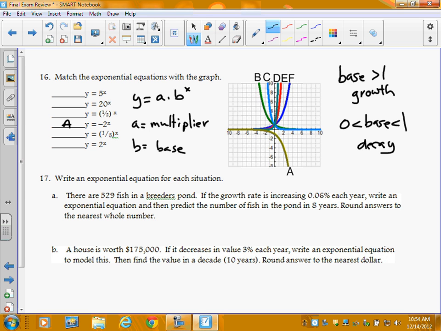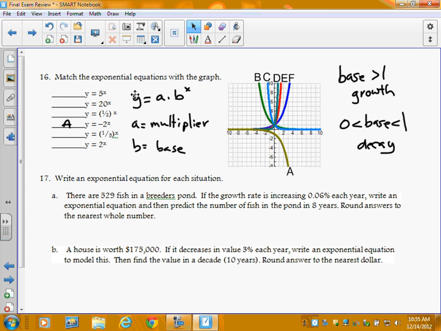No, remember, in exponential equations, we never have a base that's negative. The base is either greater than 1 or between 0 and 1. To get the base to be negative, you have to add in a -1 as the multiplier. So all A is here is 2 to the x, and it's been flipped.